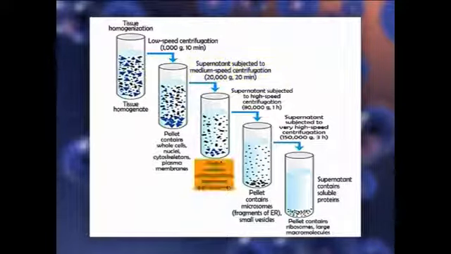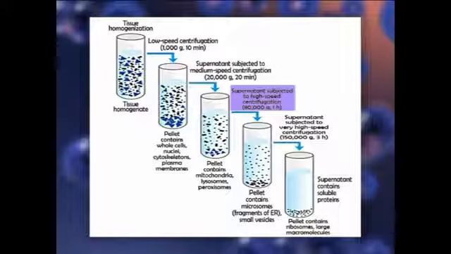Subcellular organelles like mitochondria, lysosomes, and peroxisomes will settle as a pellet at the bottom of the tube. The supernatant can again be run on a high speed centrifugation at 80,000 G for 1 hour, settling down microsomes and small vesicles as a pellet. The supernatant can be further centrifuged to separate out organelles like ribosomes from the soluble protein.